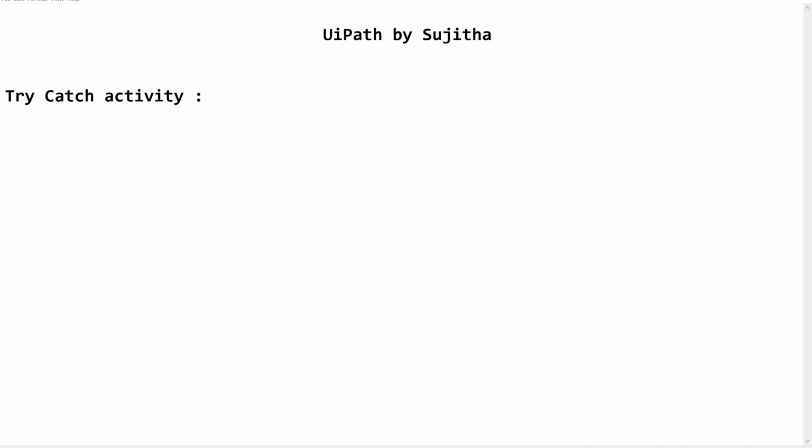So there are these kind of approaches to handle all the possible exceptional scenarios in UiPath Studio. Now let us see in depth about the TryCatch activity. Try and catch, it is two different words, right? TryCatch activity, it is trying something and catching something, right? Now let us dive into this.